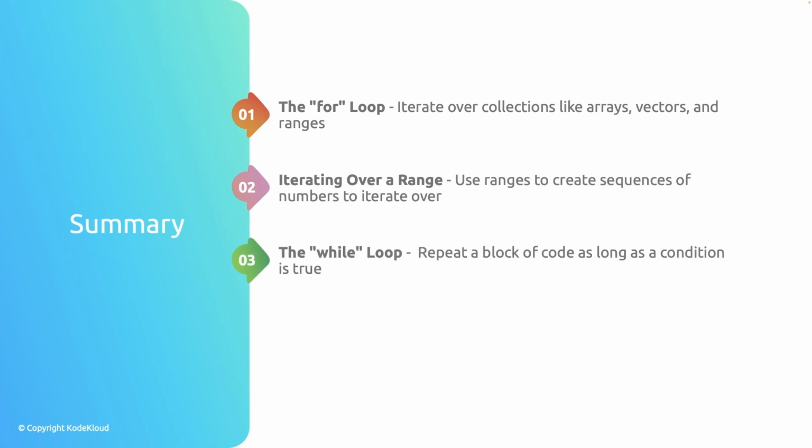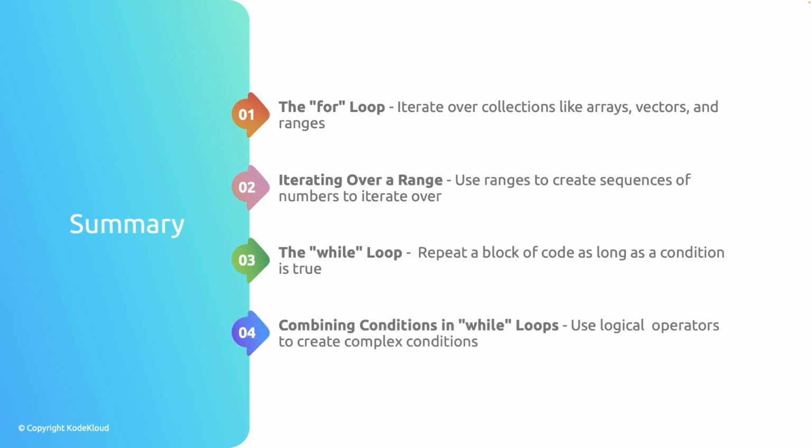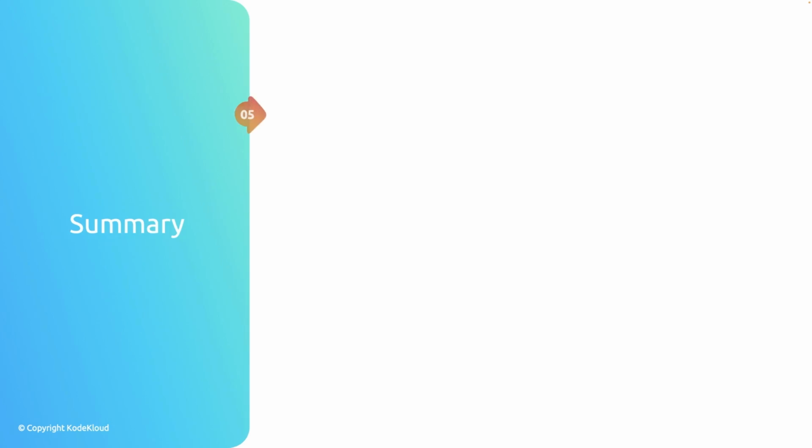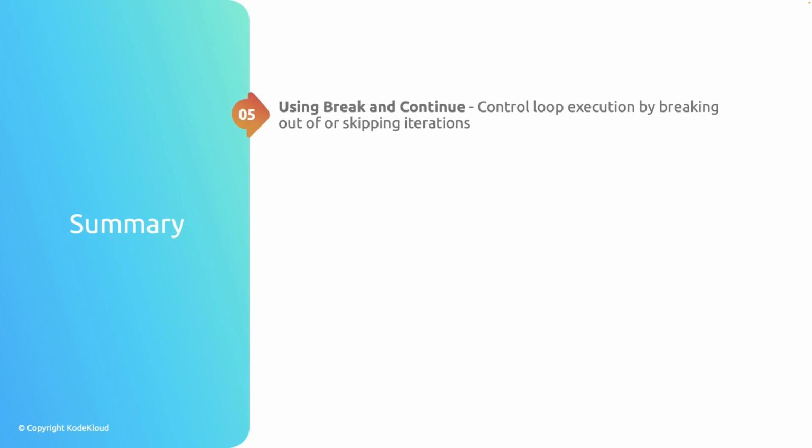Then we have the while loop, which repeats a block of code as long as the condition is true. You can also combine conditions in while loops using logical operators to create more complex conditions. And using break and continue, the loop execution can be broken using the break statement or can be skipped using the continue statement.